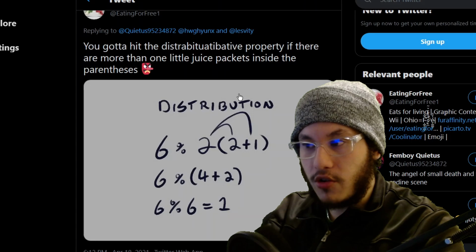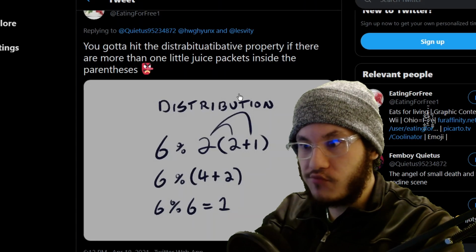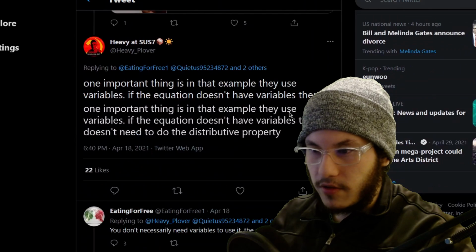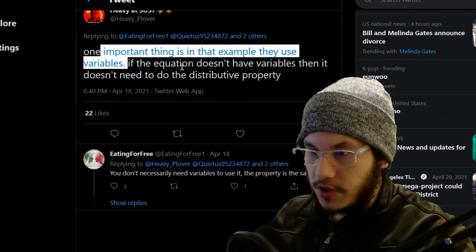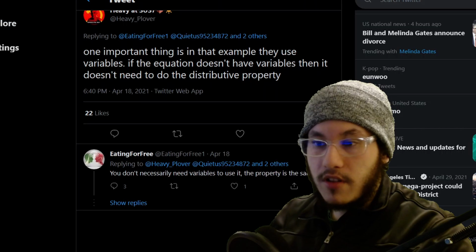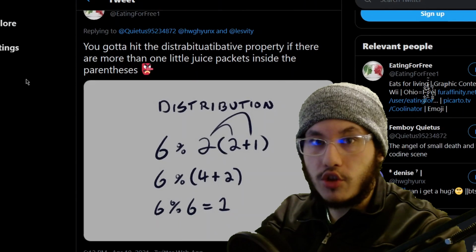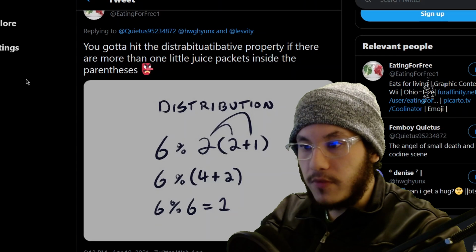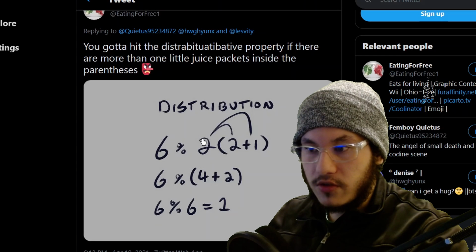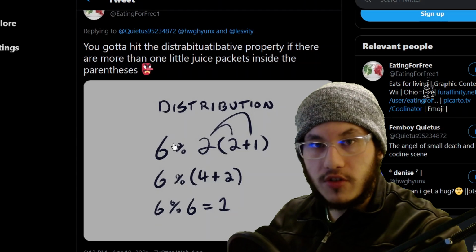I haven't actually taken the course yet. Do you know what a field is? So here, just following this thread, something about variables. You don't necessarily need variables to use it. The property is the same. That is true. You do not need variables to use the distributive property. But you can't just start by distributing when there's division first.